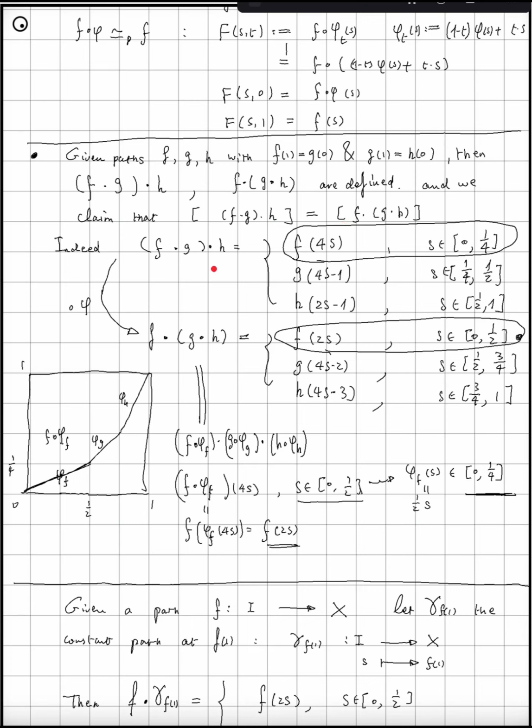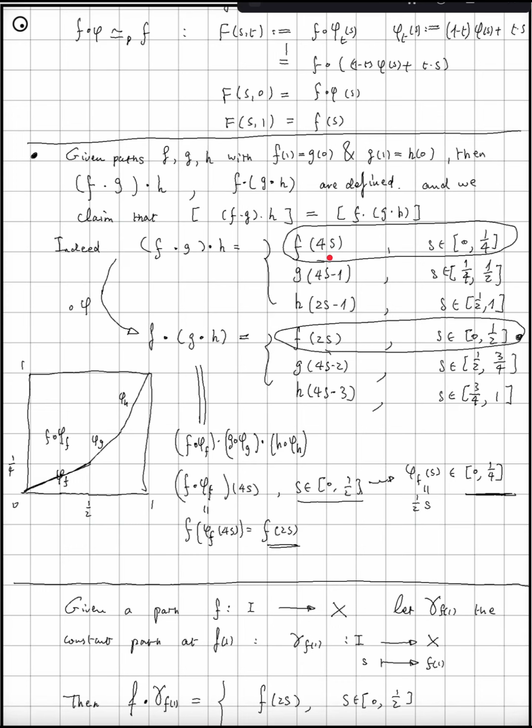And then just by definition of this concatenation, we could write it down explicitly. When you first do concatenation of f with g, then with h, then h takes half the time, and the concatenation of f with g takes the first half of time. So each of f and g takes a quarter of the time.